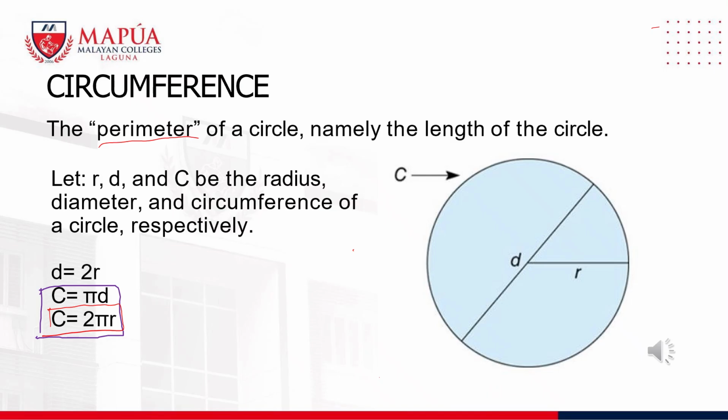If you have a line connecting these 2 points, and these 2 points are on the circle, this is what we call chord. Okay, that is chord, class. This is also a chord, connecting these 2 points. So this is also a chord.